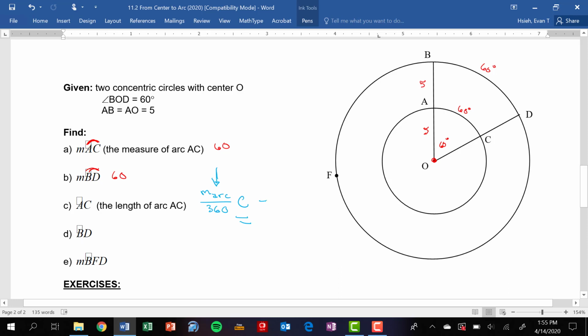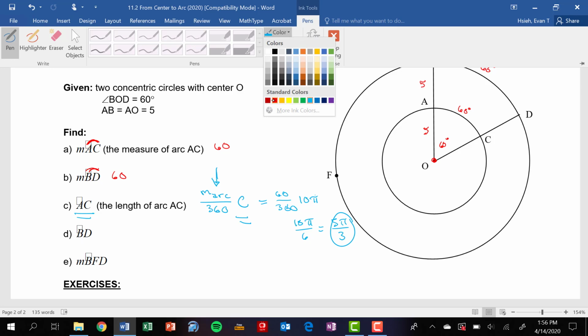In this case, the measure of the arc is 60 divided by 360, or 1/6 of the circumference. And the radius for AC is 5, so the circumference is 2 pi r, or 10 pi. That simplifies to 10 pi over 6, or 5 pi over 3.